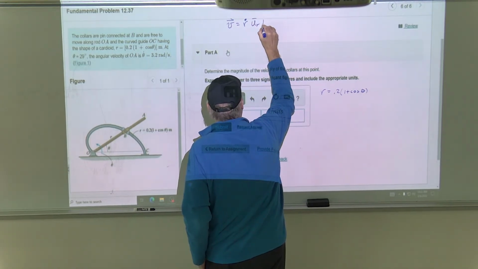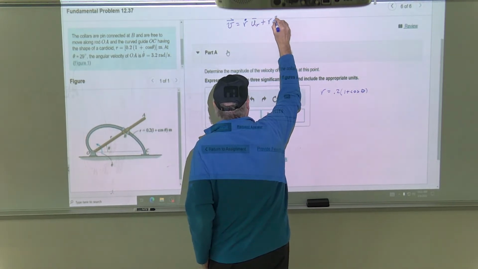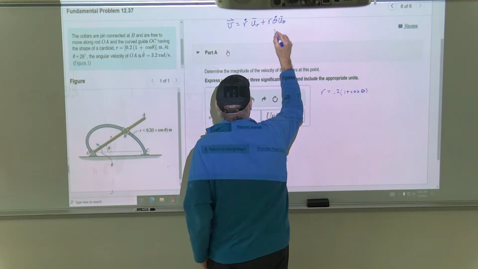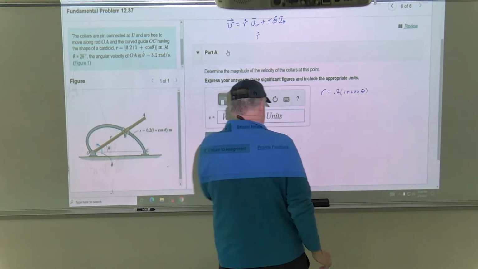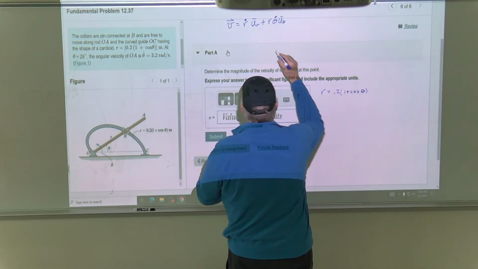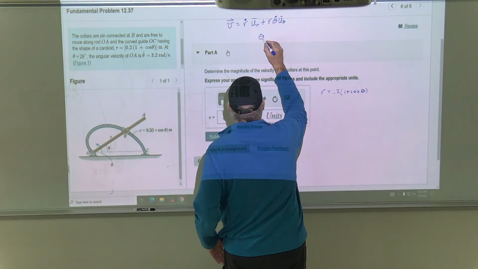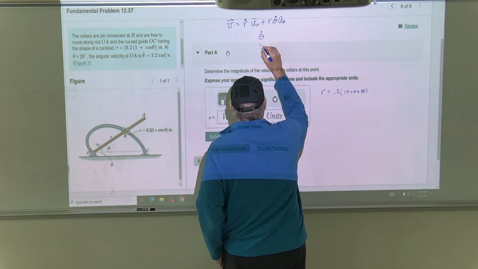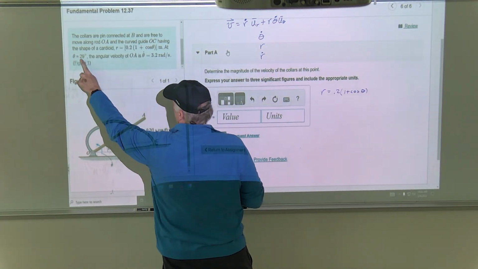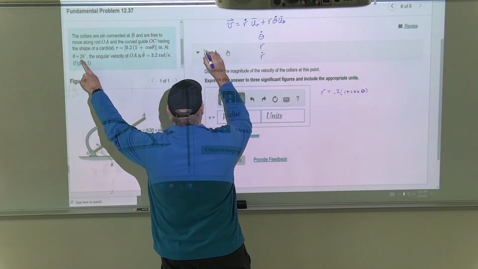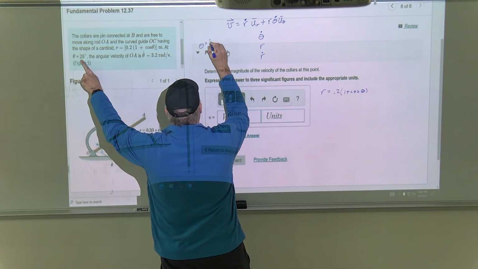If you look at it, all you really need is that. Generally it's best to list them this way: r, theta dot, r, and r dot. If you had all those, and mine is at 29 degrees, so my theta is at 29 degrees.